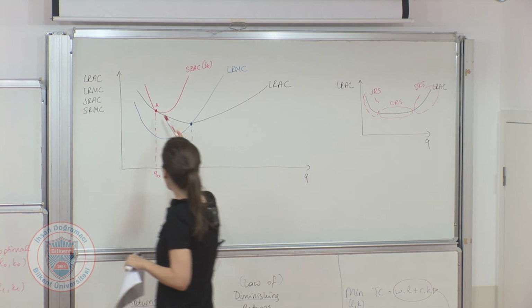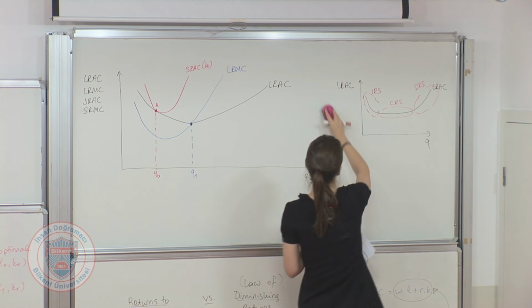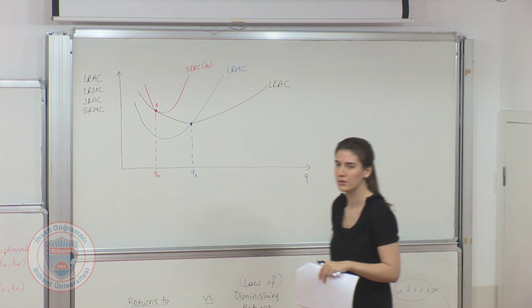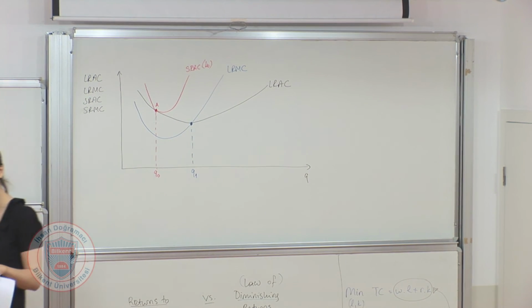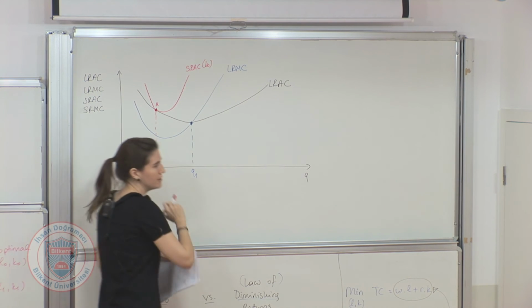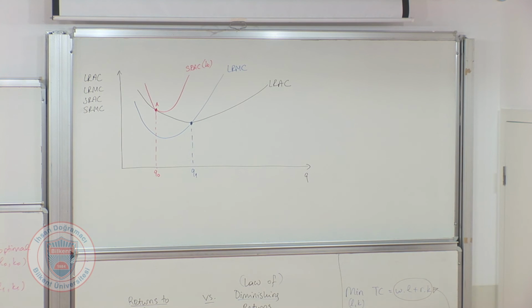Now, but why did I draw it like this? Why did I draw the short-run average cost curve like that? You see, it touches, but it touches at this point, right? It doesn't touch at the minimum, for instance. Why?